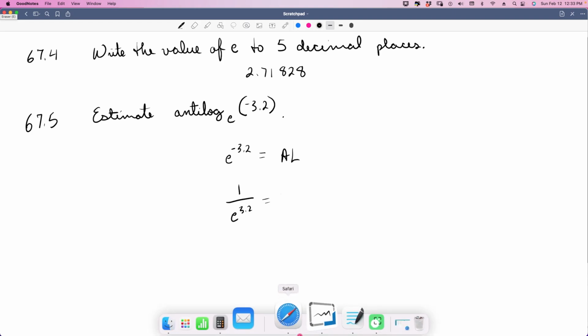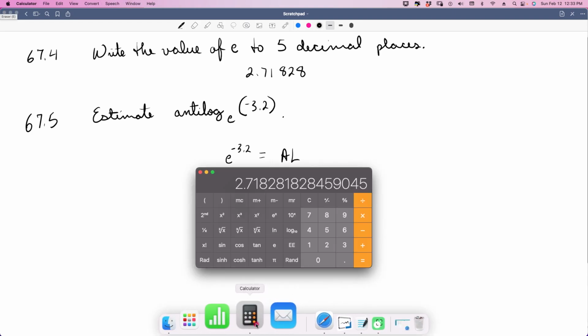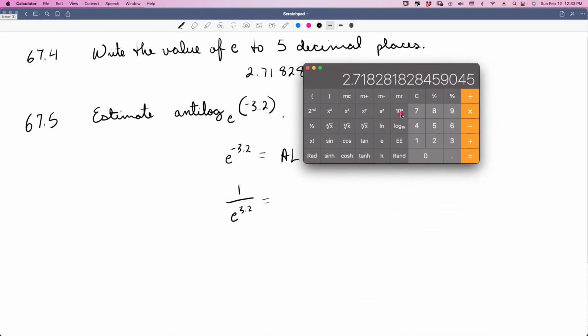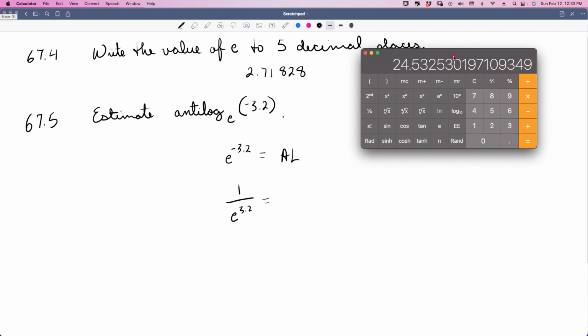So we're just going to pull up our calculator. I'm going to type in 3.2 as our exponent, and then hit e to the x. And we get 24.5325.